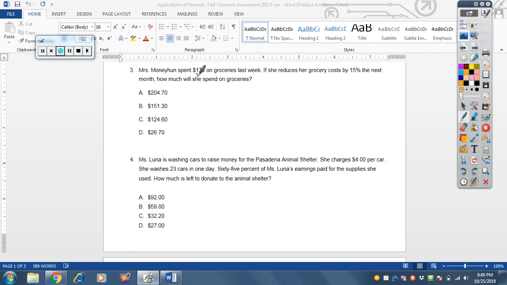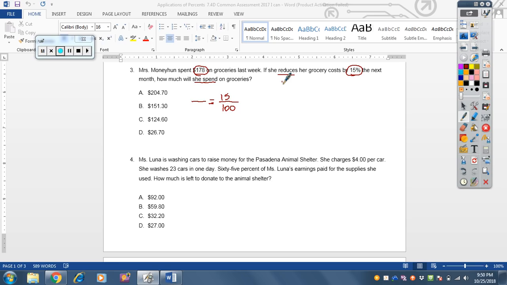Mrs. Moneyhun spent $178 on groceries last week. If she reduces her grocery costs by 15% the next month, how much will she spend on groceries? We have a percent, so we know it's a proportion. And it's a percent reduced, so we know the price is going down.